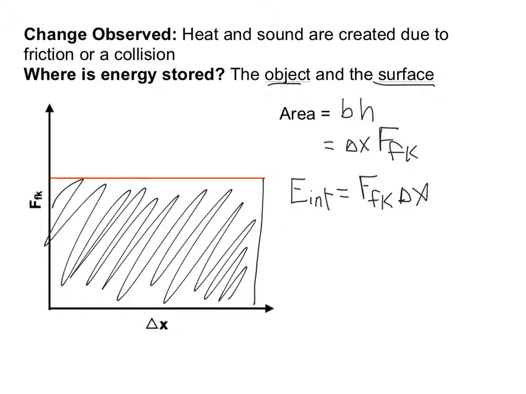And this is the energy stored internally. The subscript INT here means the energy is stored internally in the object and in the surface. So these two things are always in your system whenever friction happens.